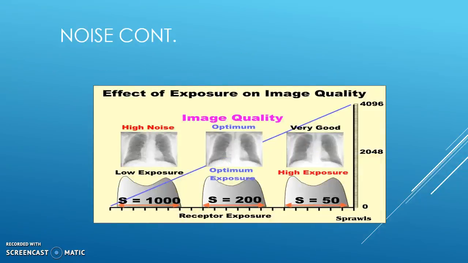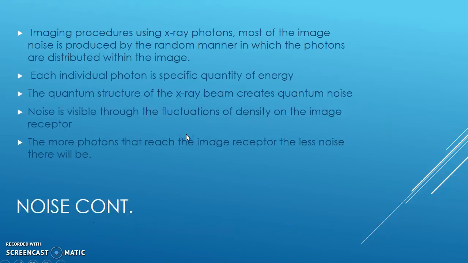Here are some examples of images with different levels of noise. In imaging procedures using X-ray photons, most of the image noise is produced by random matter, in which photons are distributed within the image.